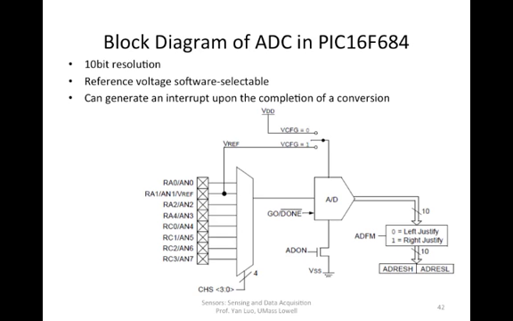Okay, just looking at this diagram a little bit, we have this ADC here. This is the ADC unit that does the actual conversion. We have a number of inputs that we can select, depending on which pin you want to use as the input pin for getting the sensor voltage. And the way you select is to use this CHS.